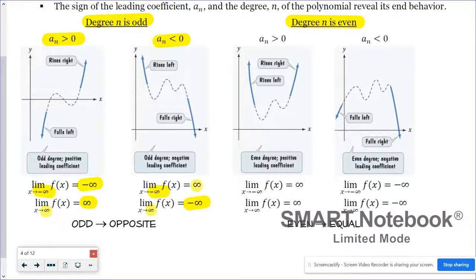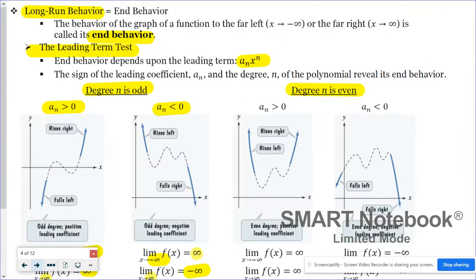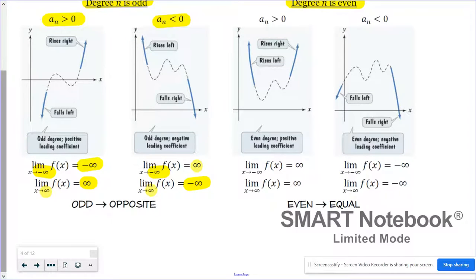Going back to the graphs, all 3 odd degree functions, the linear, the cubic, and the quintic, go down on the left side forever and up on the right side forever, so these are odd and positive.